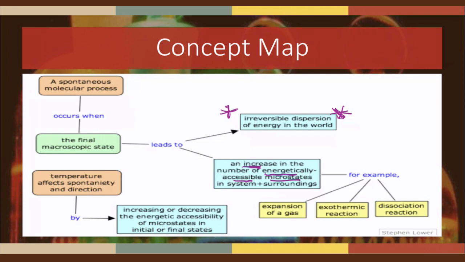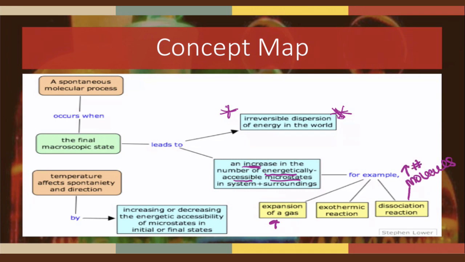So remember, we had to talk about the number of microstates in the frying pan and in the ice cube. One way this could happen was the expansion of a gas. We talked about expansion causing the rungs of the ladder to be closer together. An exothermic reaction, we already know, gives off energy, releasing it into the atmosphere, dispersing it out. Or a dissociation reaction, which was just an increase in the number of molecules.